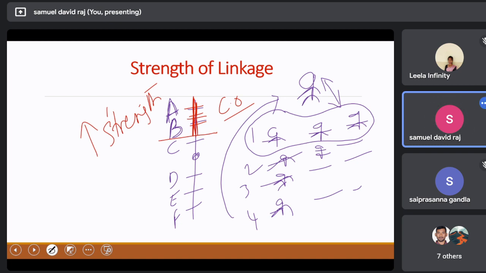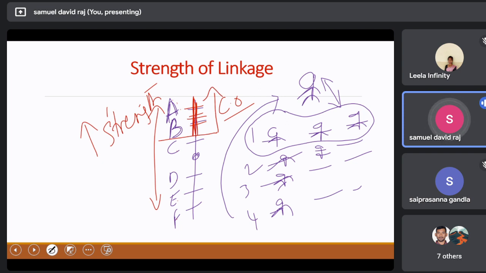Likewise here, the distance is increasing between A and E, or between A and C, between A and D, between A and F. As the distance gradually increases, the crossing over frequency may also increase.